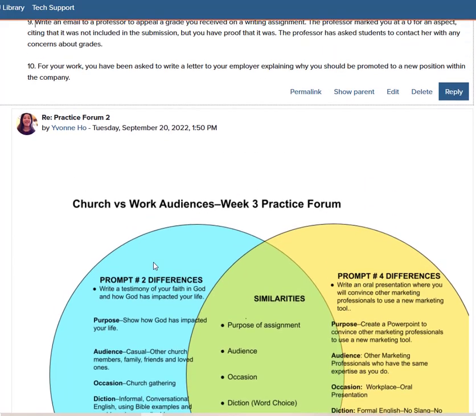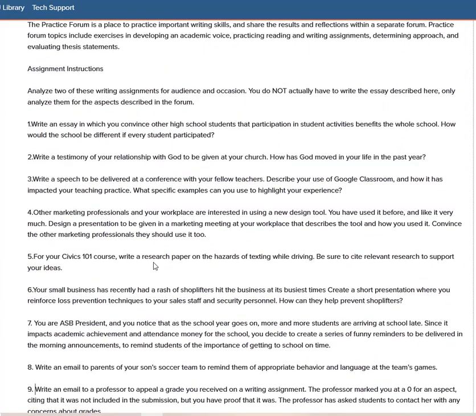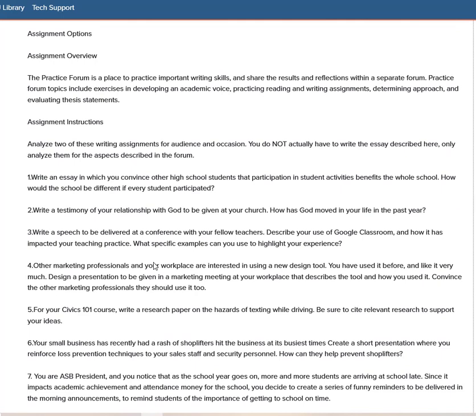This whole forum gives you different situations and tests you to see what kind of English you would use, whether you speak Spanish or Chinese at home, and then you go off into the outside world and speak English. You speak formal or informal English depending on if you're with American friends, that's informal English, and at an American workplace, that becomes formal English.